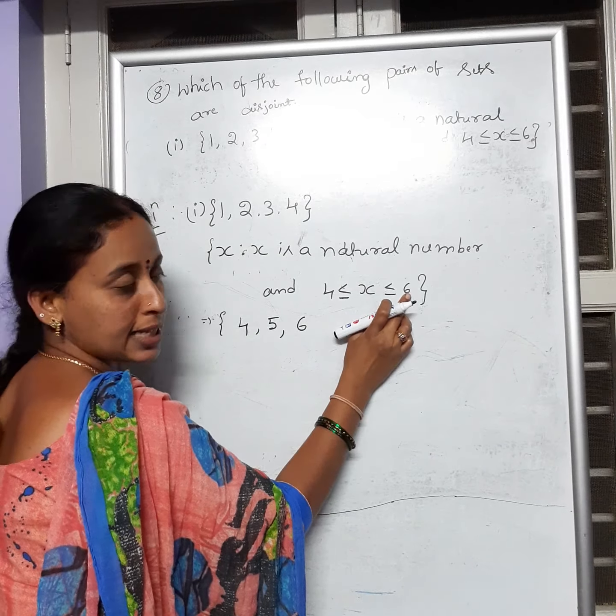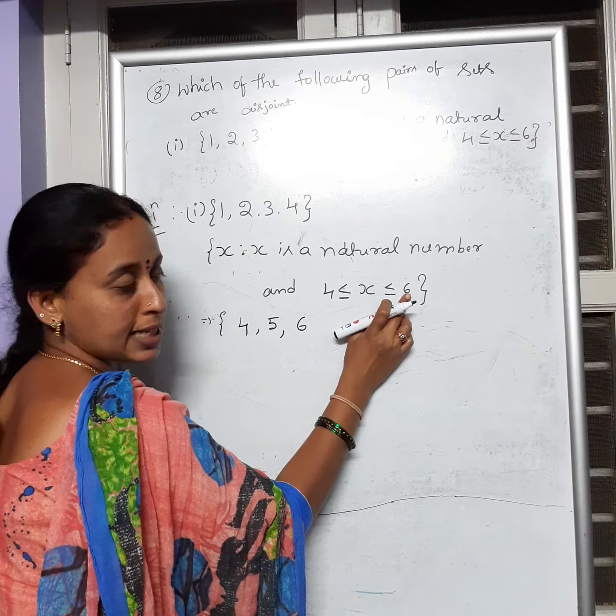Is there any common element in both sets? Yes, there is. 1 is not common, 2 is not common, 3 is not there either, but 4 is there. Here is 4, and here is also 4. So 4 is the common element in both sets.